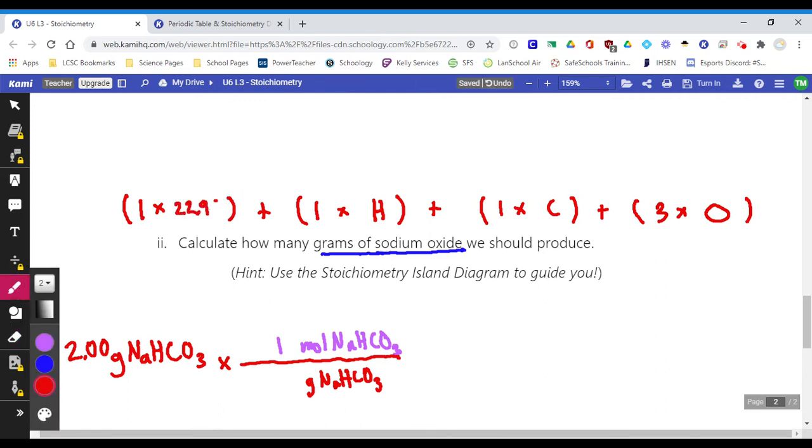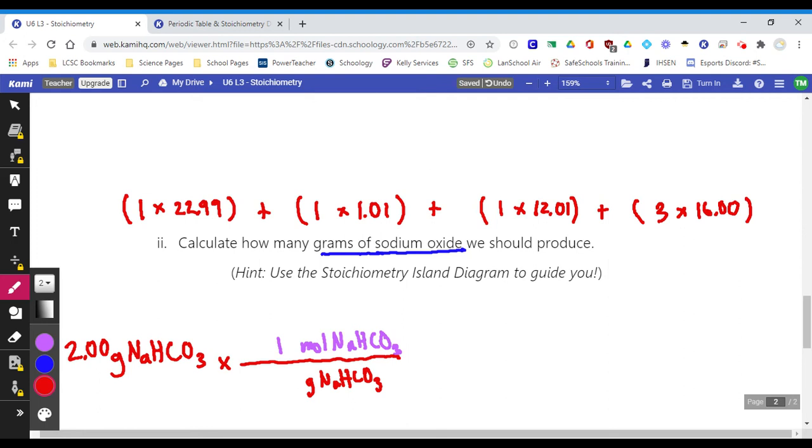So let's throw those in. Sodium was 22.99. Hydrogen was 1.01. Carbon was 12.01. And oxygen was 16.00. Okay, so let's add all that up.